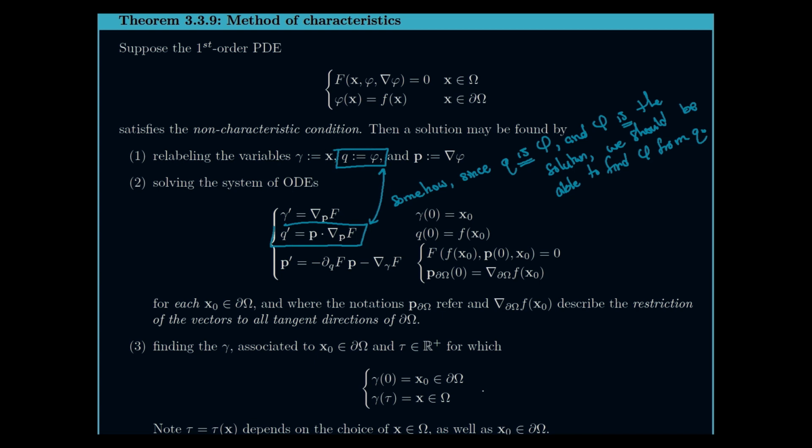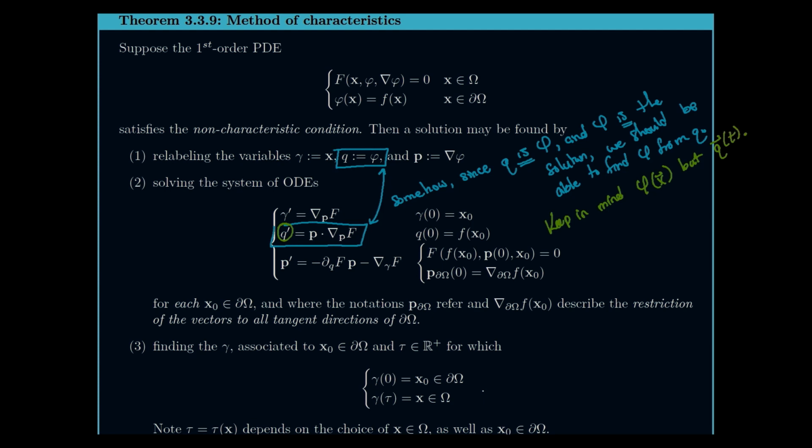Now, in fact, you may be wondering, why isn't phi already q? I should mention this in a separate row. Keep in mind that phi is a function of the variable x, but q, here in an initial value problem functioning over time, is a function of the variable t.